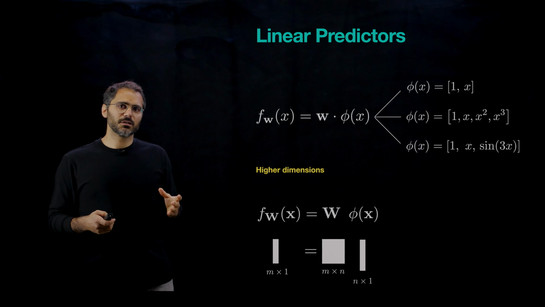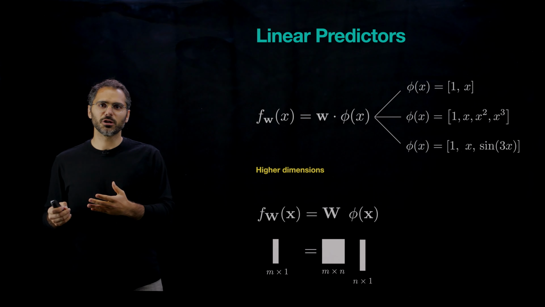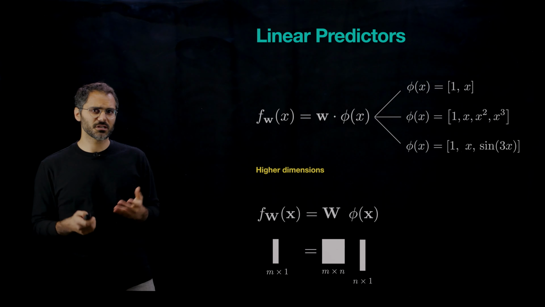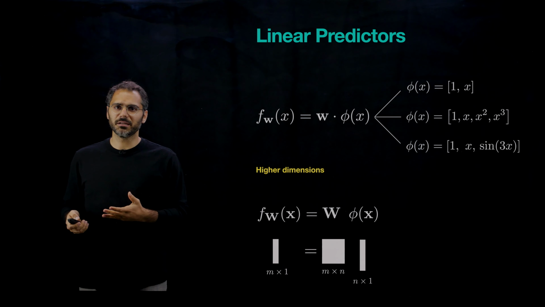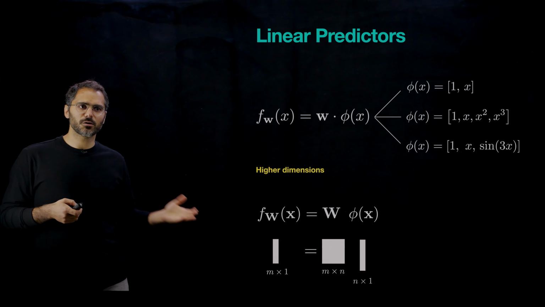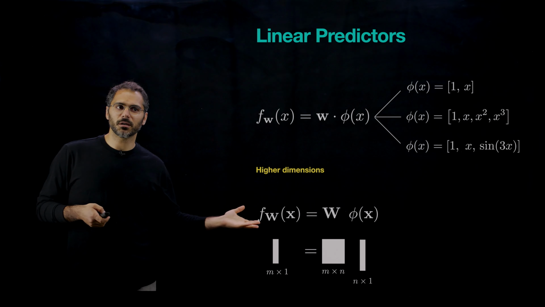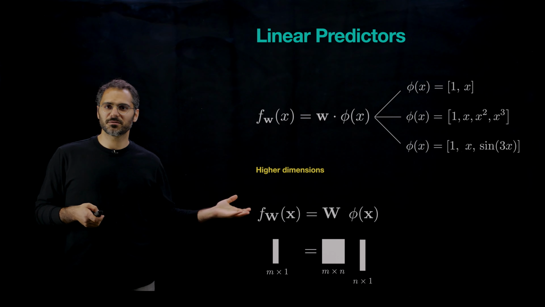But I assumed in the previous video that x and y are one-dimensional input to one-dimensional output. But this doesn't have to be the case. X can be any dimension, and y can be any dimension. If that's the case, then our linear predictor becomes like this: f_w(x) equals a matrix W times phi(x).